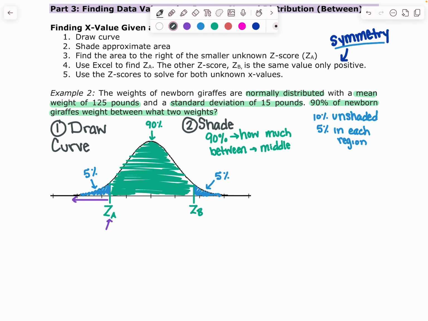So for step 3, I'm going to find ZA and ZB.